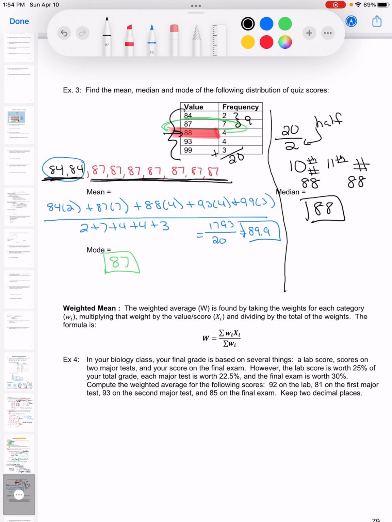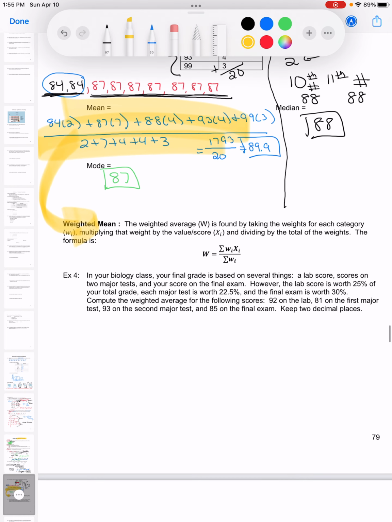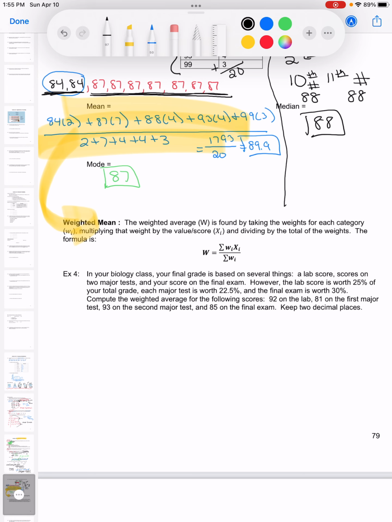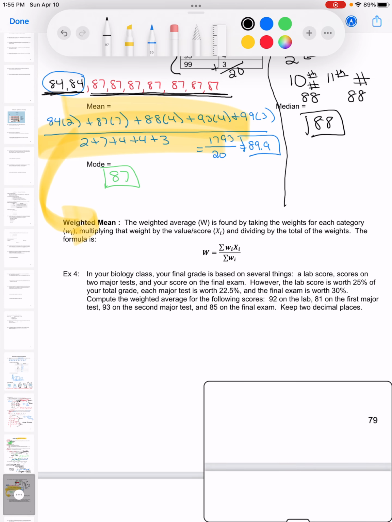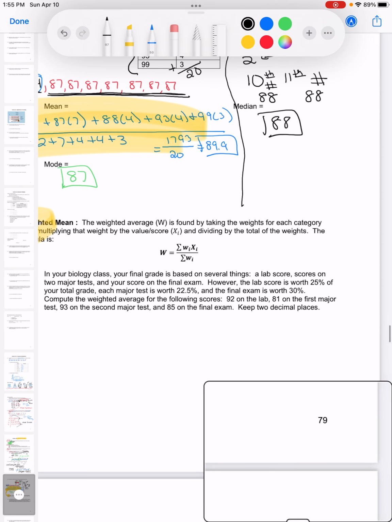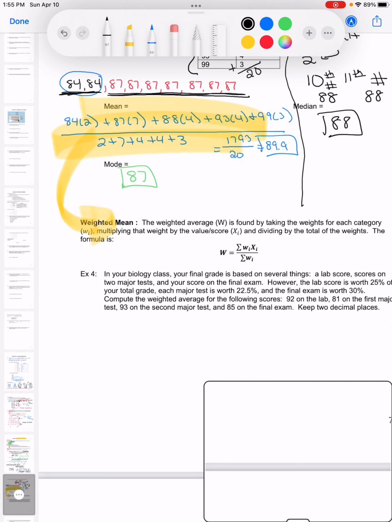Now, the mean that I did up here was technically called a weighted mean. I've got the definition of a weighted mean right here, and the formula down below.